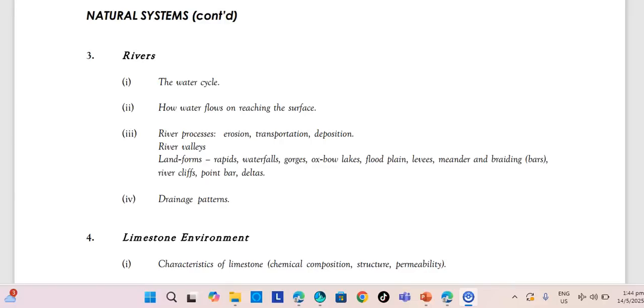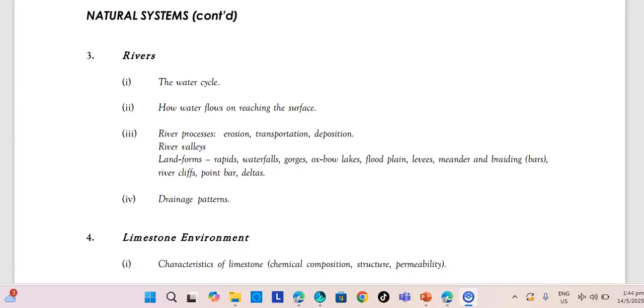Condensation. The water vapor cools down in the sky and forms clouds. Precipitation. Water falls from the clouds as rain, snow, or hail. Collection or runoff. The water flows over the land or soaks into the ground, going back into rivers, lakes, or the sea. So in simple terms, we have just explained how rain happens.